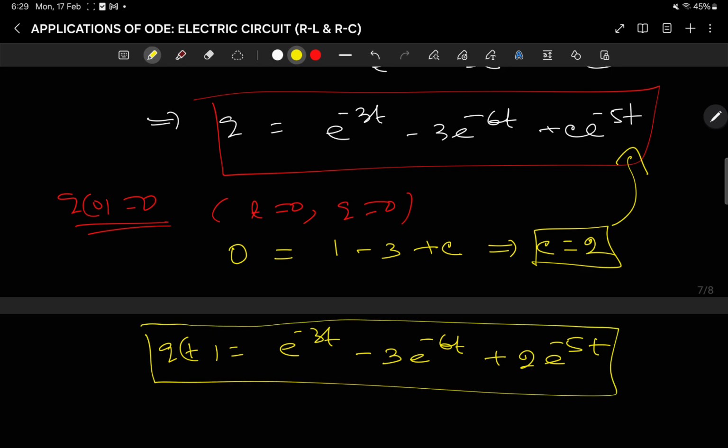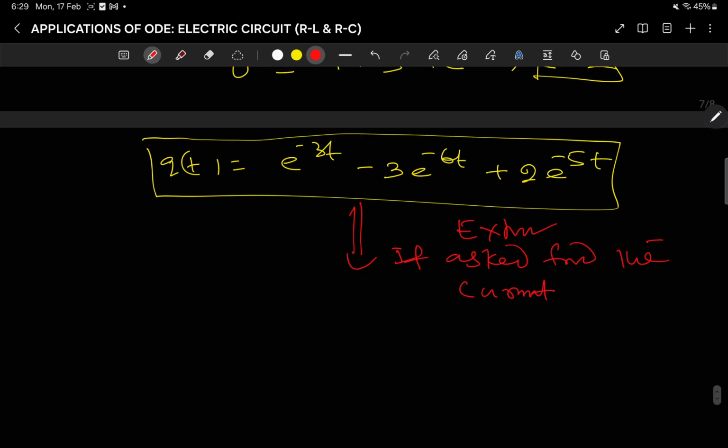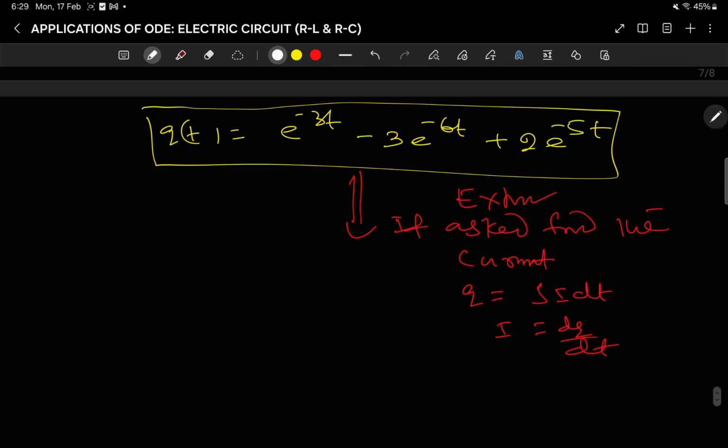Suppose it is asked to find the current. Then Q is the integral of I dt, or I is equal to dQ/dt, so you can differentiate it.